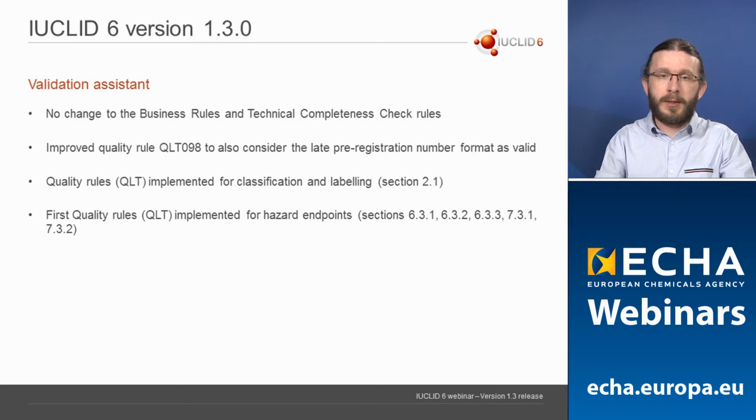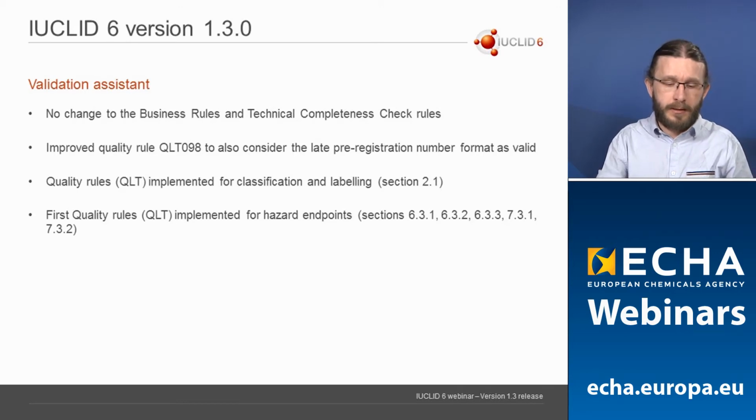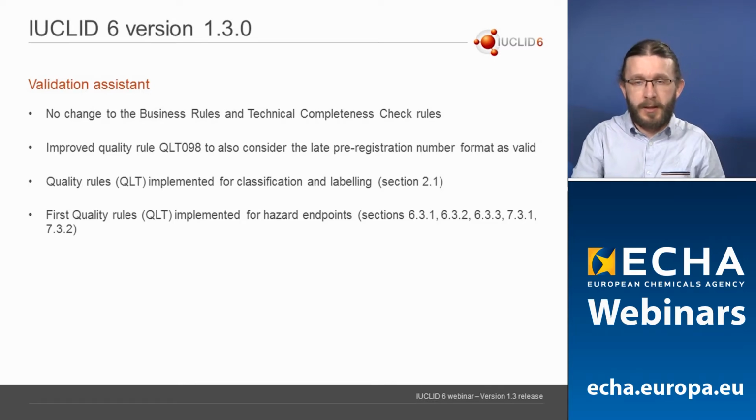And we have implemented also additional quality rules for section 2.1, so classification and labeling data, in order, for example, to check the correct mapping between the hazard classes and the hazard statements. The first quality rules for hazard endpoints have been implemented as well for the sections that are listed on this slide.